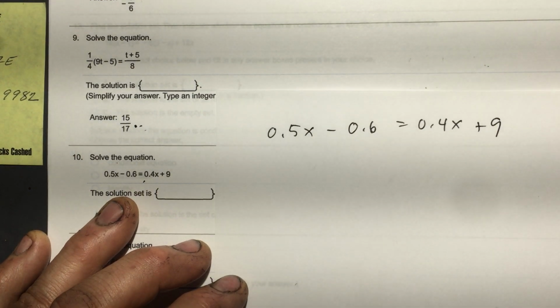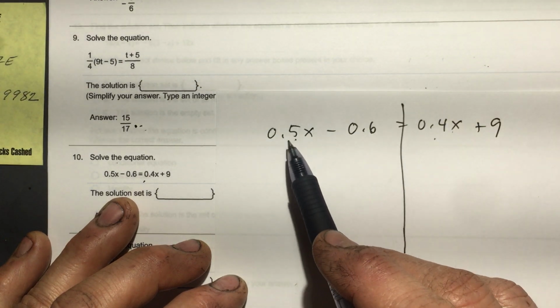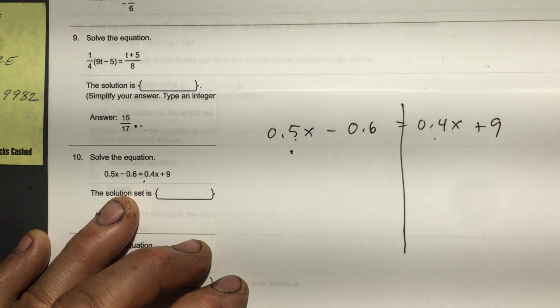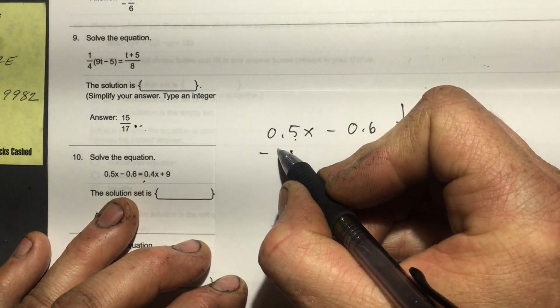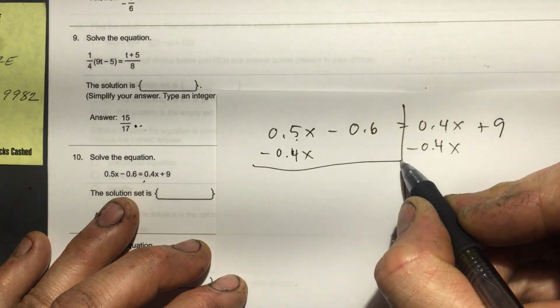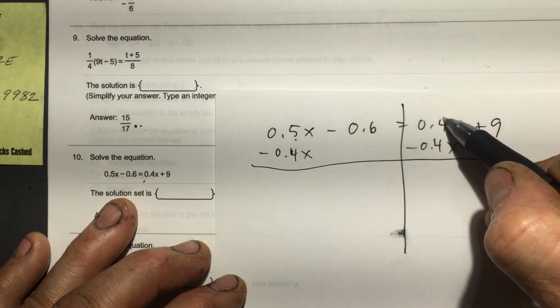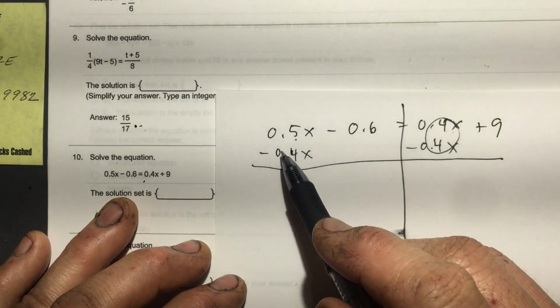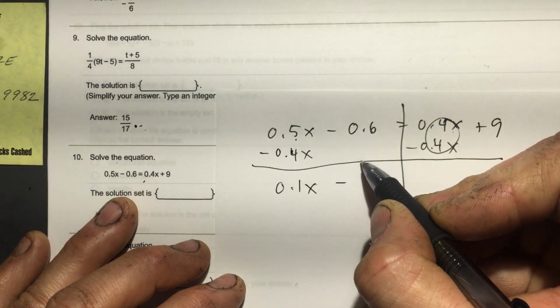So here's my equals right here, and notice I got x's on both sides. We've got to get our x's all completely on one side. So it means I'm going to minus 0.4x. 0.4 minus 0.4 goes away. 0.5 minus 0.4 is 0.1x. And I'll bring this guy down.